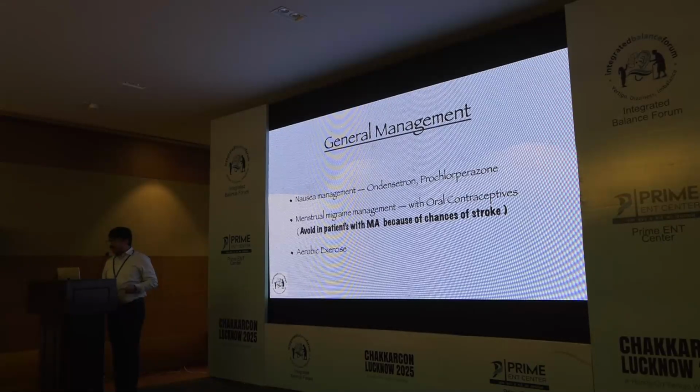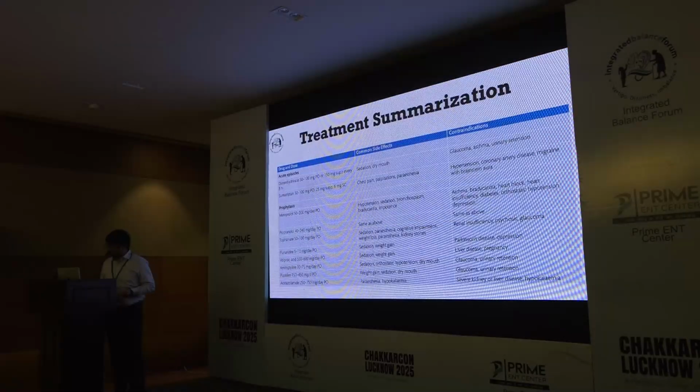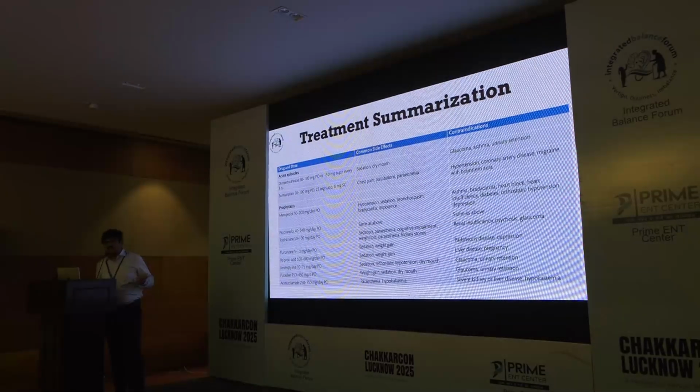Menstrual migraine can be managed with oral contraceptives, but avoid in some patients because there is a chance of stroke. And aerobic exercise is one important suggestion you have to give to all your migrainous patients, vestibular migraine patients. So this is the treatment summary.